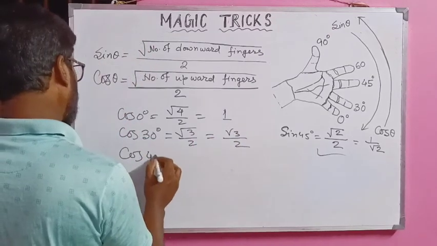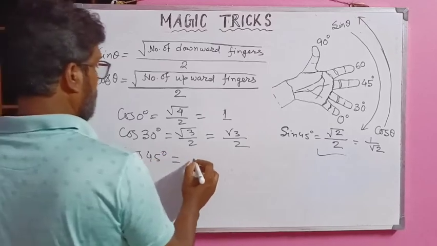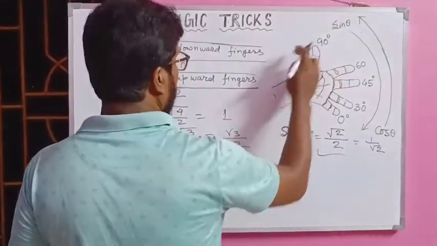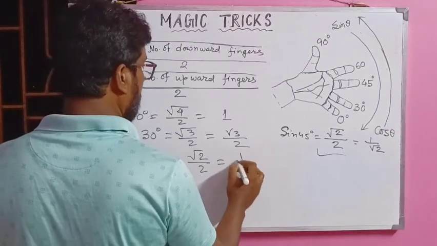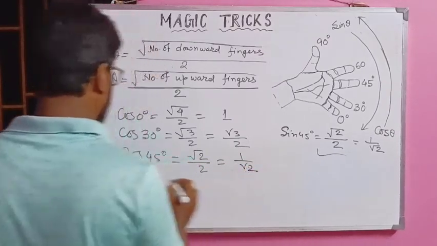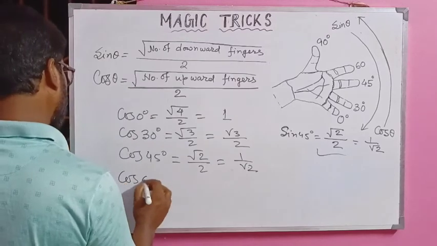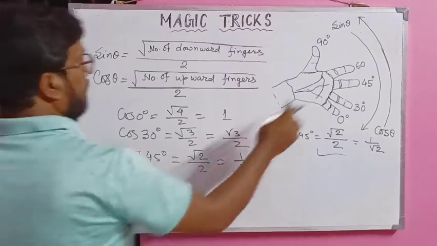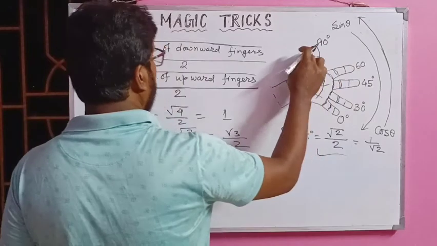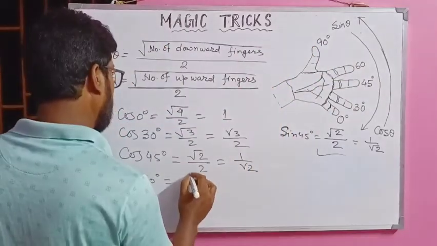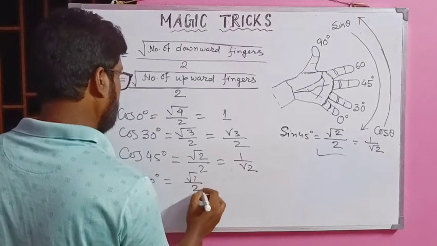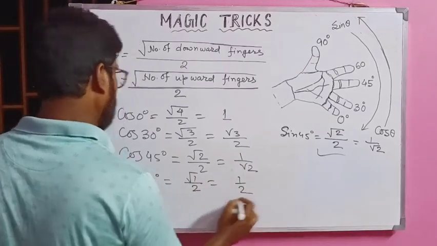Cos 45 degrees, 2 fingers left, root 2 by 2, which is 1 by root 2. Cos 60 degrees, there is 1 finger left in the upward direction, therefore root 1 by 2 equals 1 by 2.